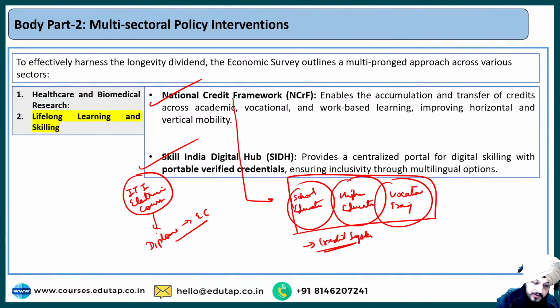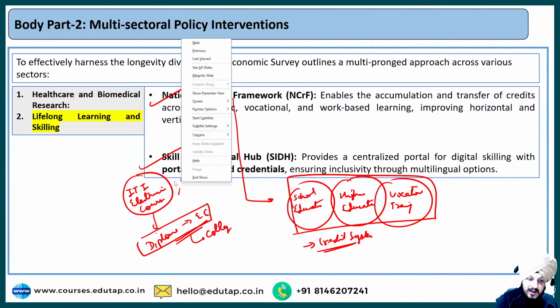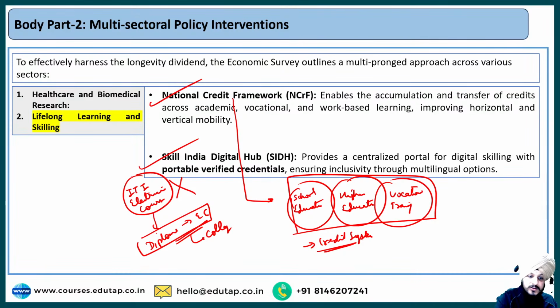If he wants to pursue this diploma in a college, the college is not going to recognize his ITI electrician course, because this was there as a part of vocational training.